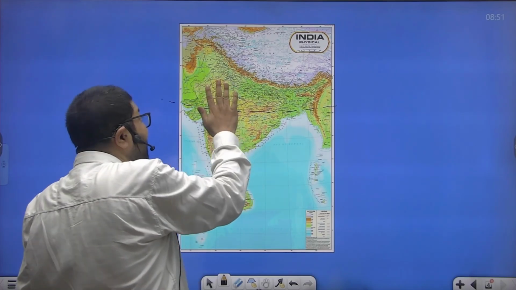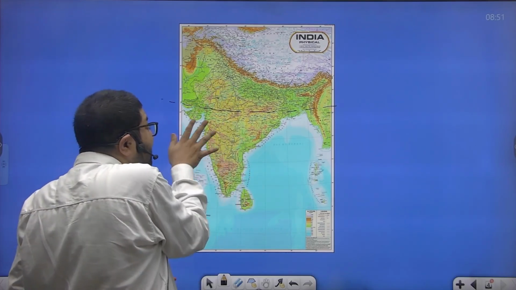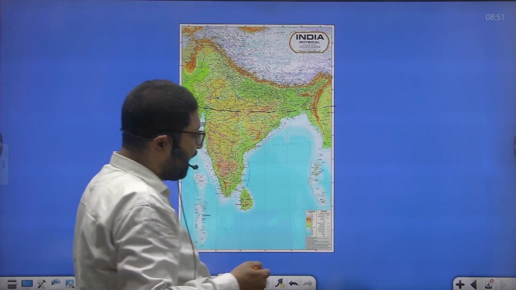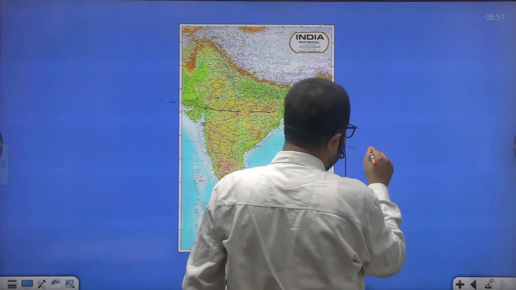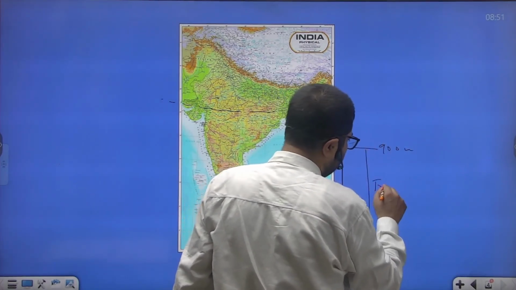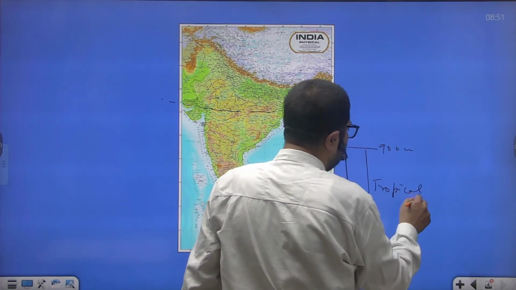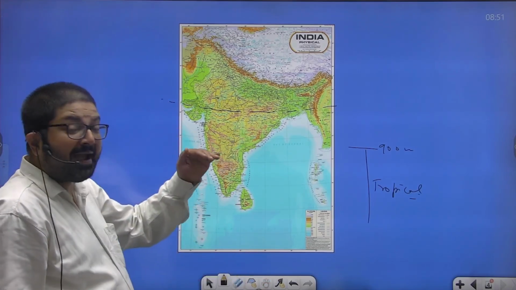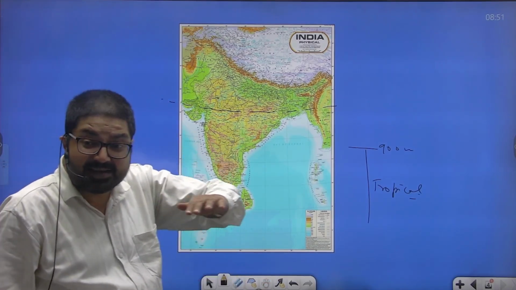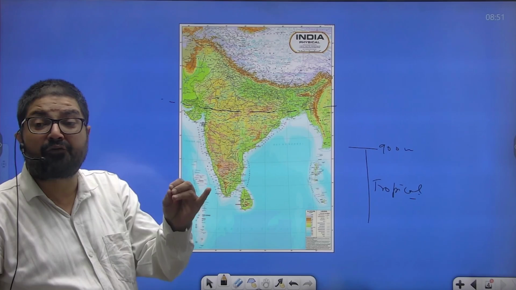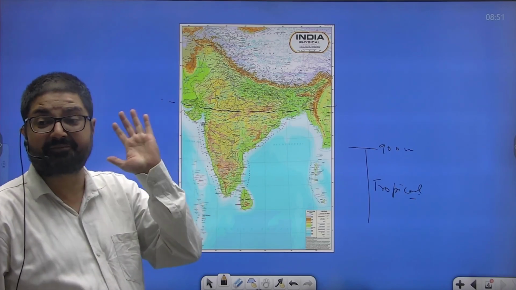Here below 900 meters, the variation in precipitation is huge. Below 900 meters, the variation in the nature of vegetation is purely because of variation in precipitation.